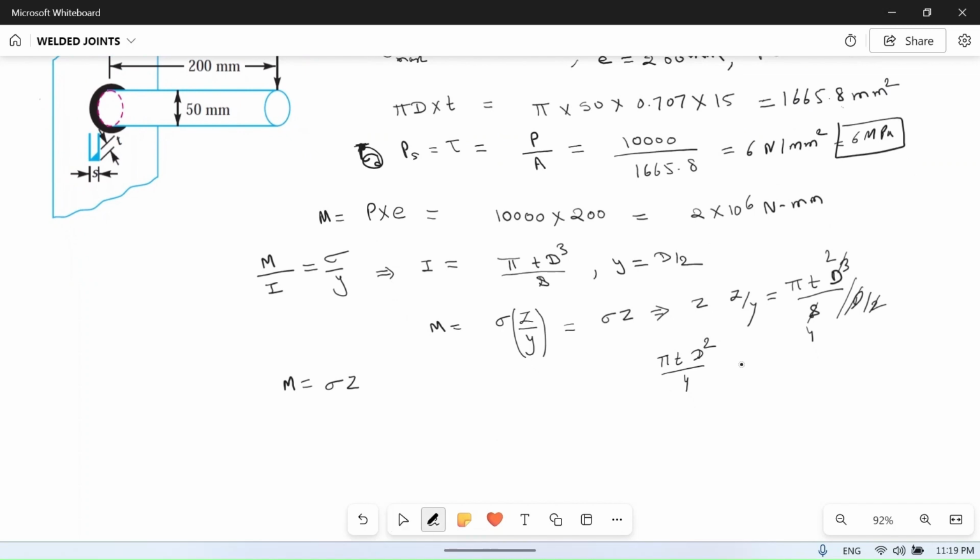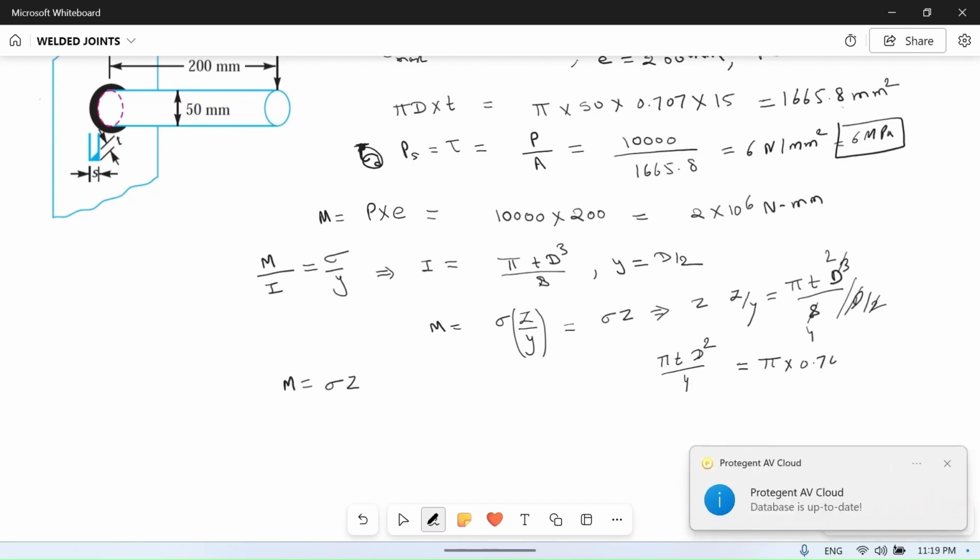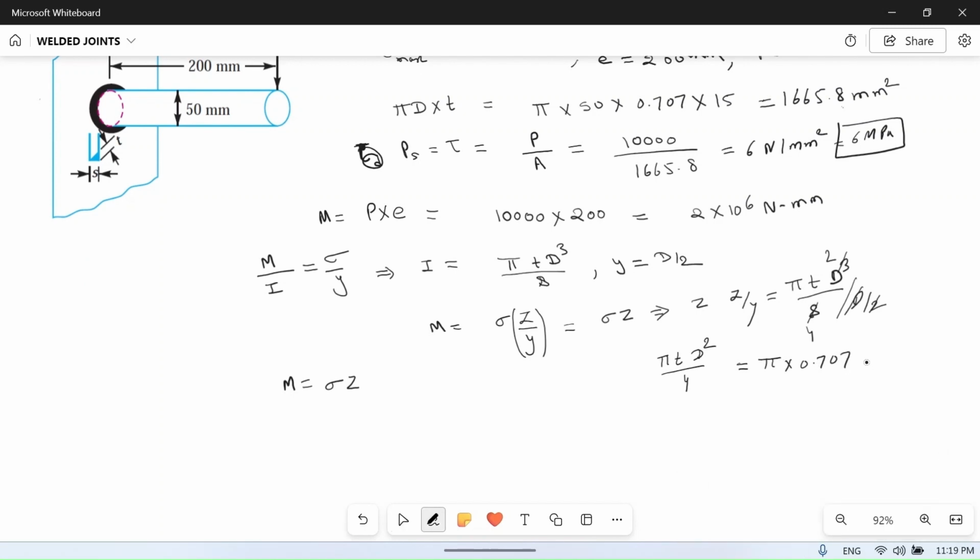The thickness of the throat is 0.707 s, so Z is pi into 0.707 into s into d square by 4, because t is equal to 0.707 s.